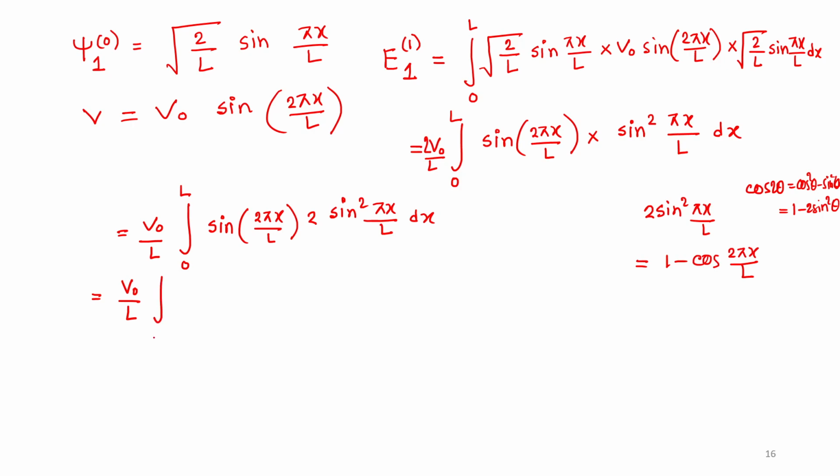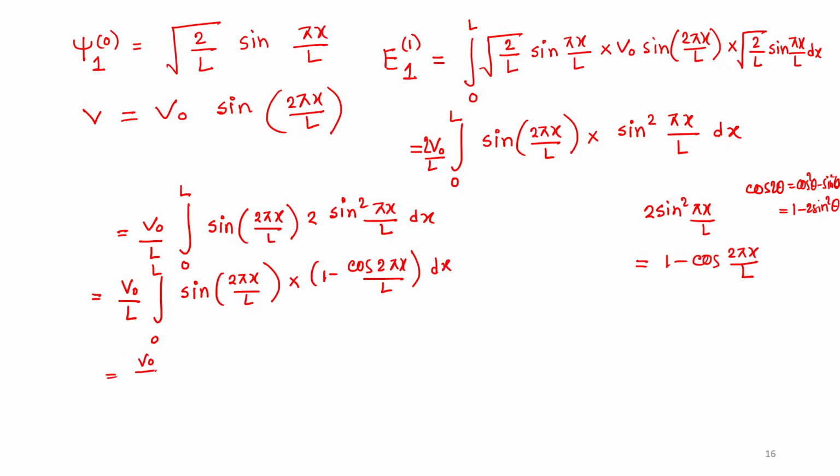So V0 by L, integration 0 to L of sine 2 pi x by L, and this we are going to get 1 minus cos 2 pi x by L dx.